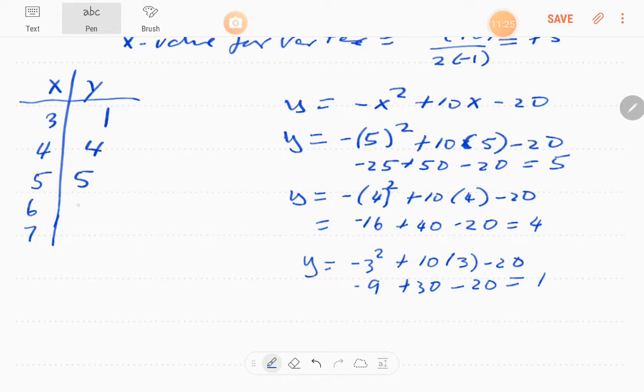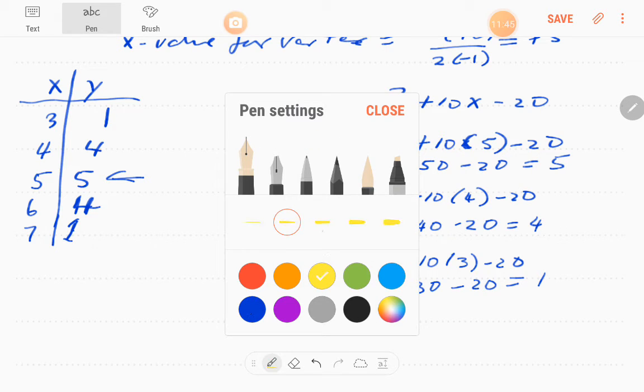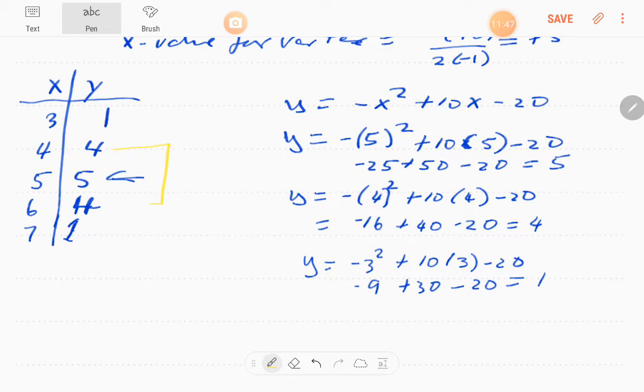So this would be 1, and this would be 4, and 7 would be 1. So here's our vertex sitting in the middle. And again, you see the y values around it repeat. The y values 1 unit above and below the vertex repeat.